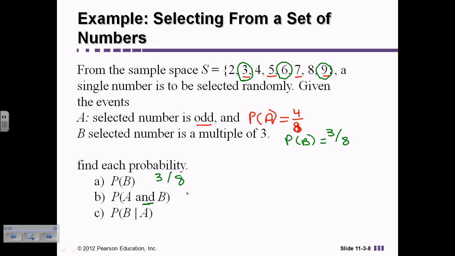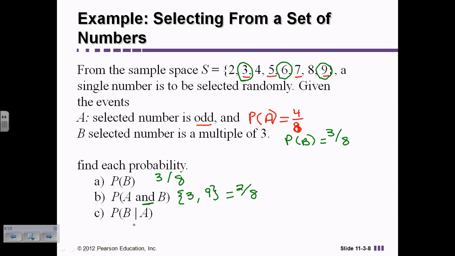So the probability of A and B is the set of numbers 3 and 9. Again, those are the numbers that are odd and multiples of 3. So my probability of that occurring is 2 out of 8, which is 1/4, but we're going to leave it as 2 over 8 right now.